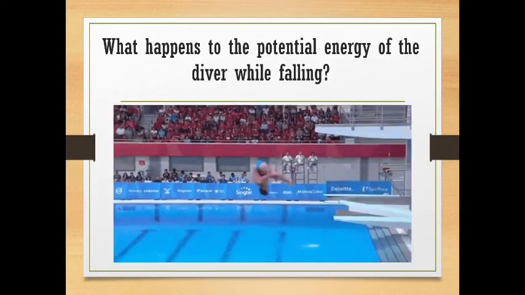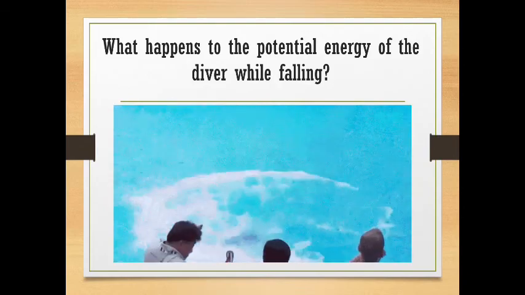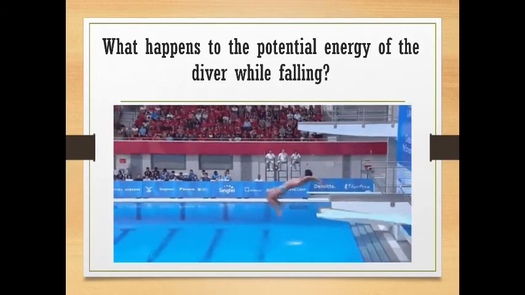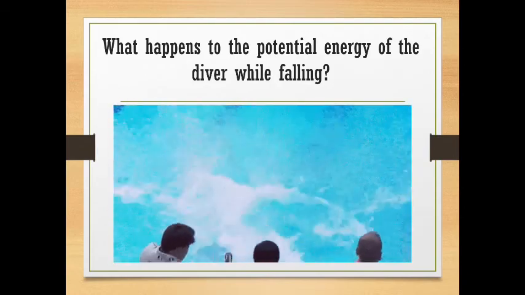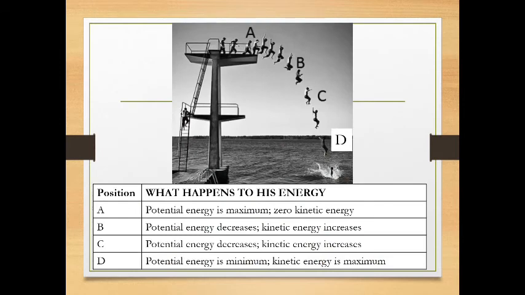What happens to the potential energy of the diver while falling? Based on the different positions, what happens to his energy? At position A, potential energy is maximum, while kinetic energy is zero.